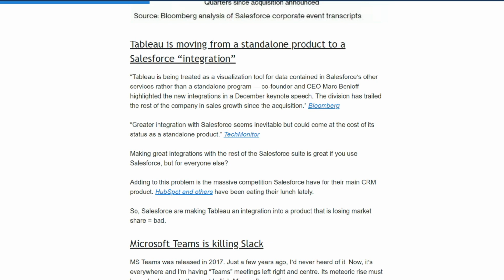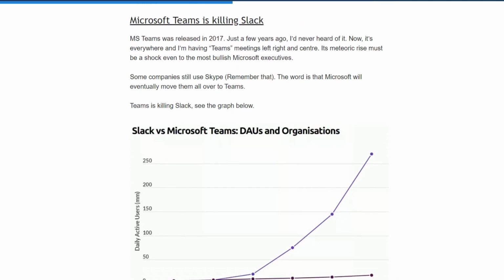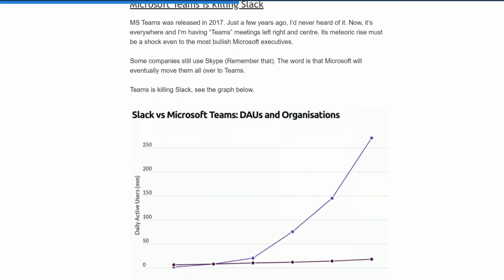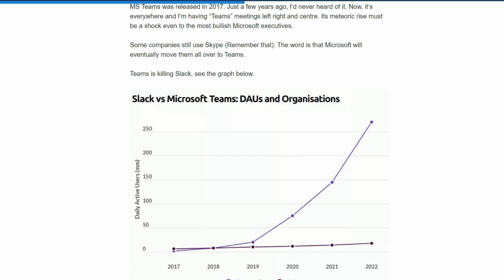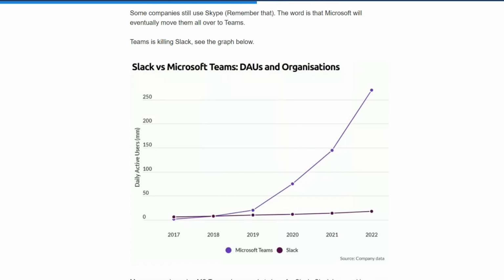Also, I'm hearing that Salesforce are going to make Tableau a sort of integration into the Salesforce suite of other products, therefore moving it away from a standalone product, which it is at the moment. Other thing as well is Microsoft Teams, which is a communications platform, is going against Slack. Now, Slack is also owned by Salesforce, and you can see here the growth in Microsoft Teams usage over Slack.